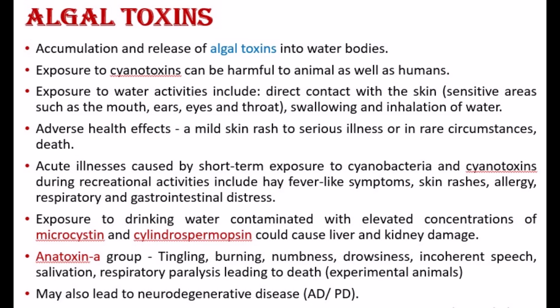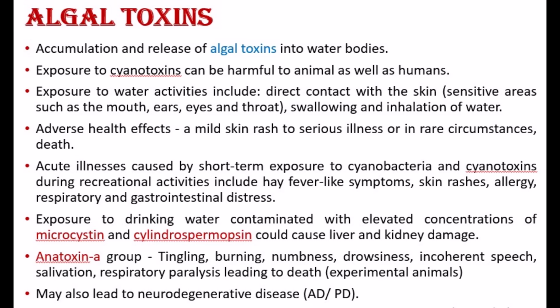Acute illness caused by short term exposure to cyanobacteria and cyanotoxins during recreational activities includes hay fever like symptoms, skin rashes, allergy, respiratory, and gastrointestinal distress. Exposure to drinking water contaminated with elevated concentrations of microcystin and cylindrospermopsin can cause liver and kidney damage.